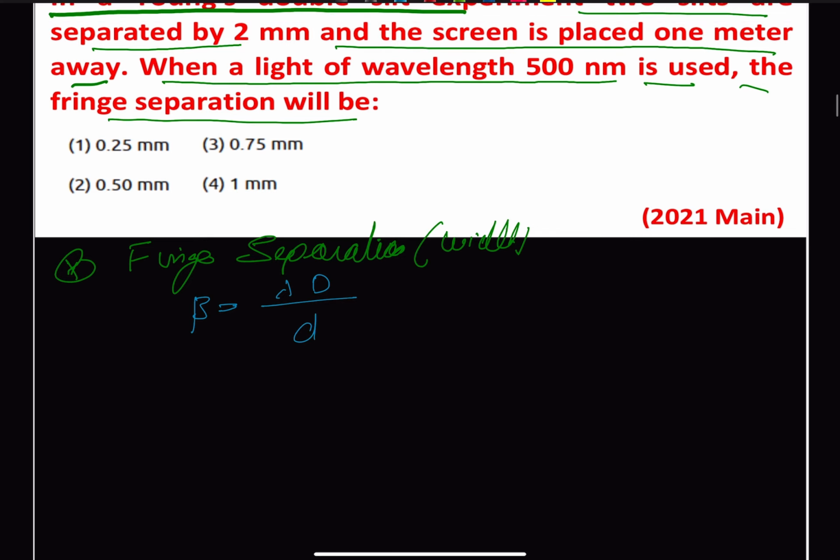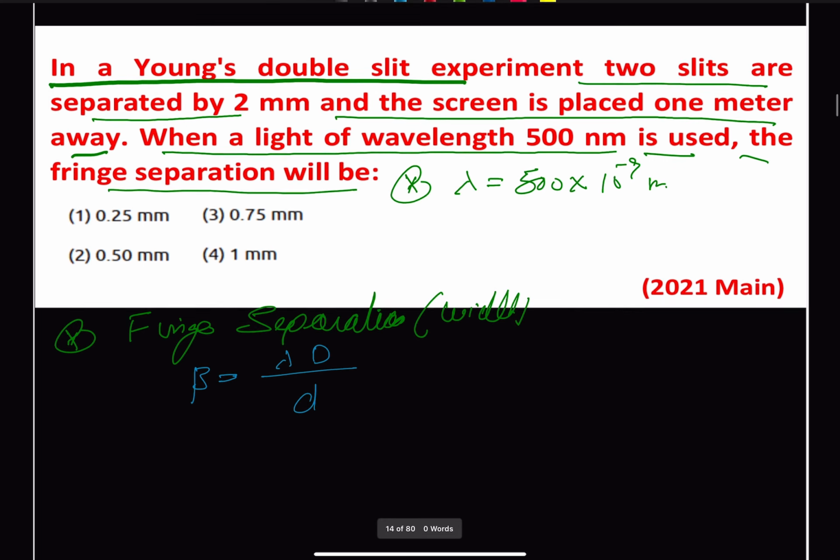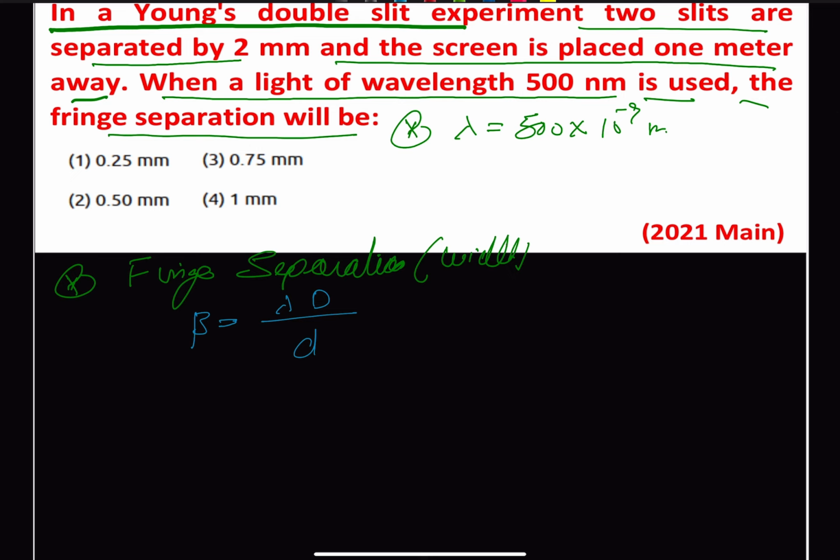Okay. And here lambda is given to us. Lambda, that is wavelength, is 500 nanometer, so this will be 5 into 10 to the minus 7 meters. And we have two slits separated by 2 millimeter, so we have a small d of 2 millimeter. So this becomes 2 into 10 to the power minus 3 meters, and capital D is 1 meter. So we substitute all these values.